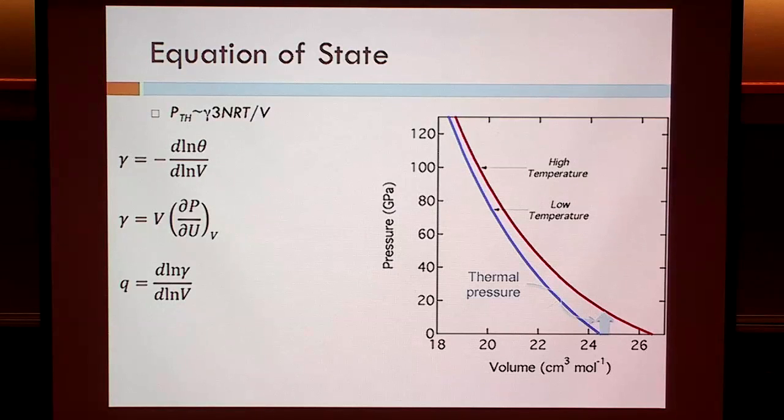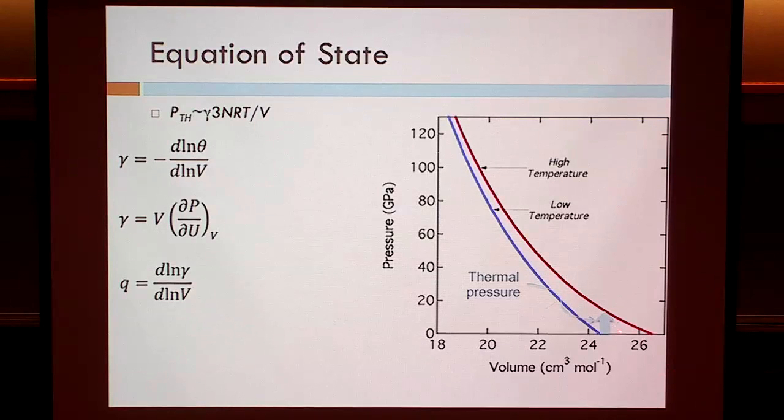We can think about Grüneisen parameter and how it depends on volume by comparing these two curves. It turns out that the thermal pressure is pretty nearly equal to this, where this is 3, the number of atoms in the formula unit, ideal gas constant, temperature, and there's the volume again, and multiplied by the Grüneisen parameter. So the Grüneisen parameter dictates the magnitude of the thermal pressure.